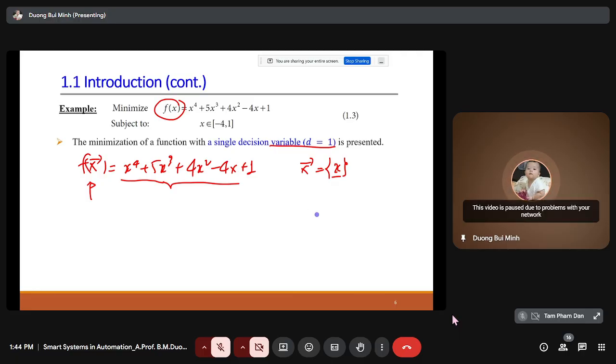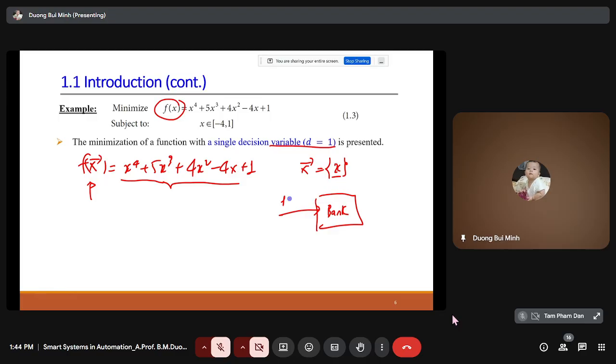For example, we have the bank. You send money into the bank, maybe 1 million US dollars, and after 1 year you get interest, for example 7%.